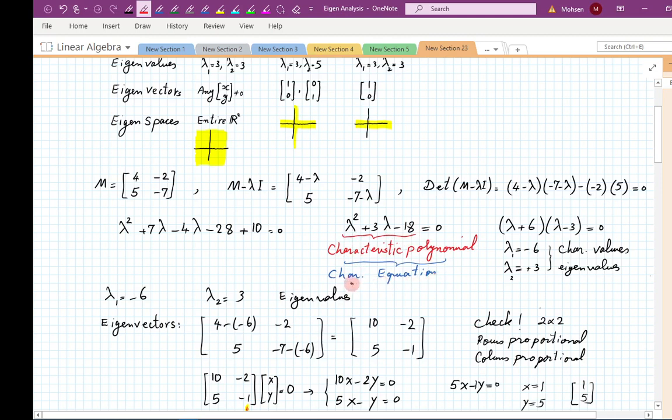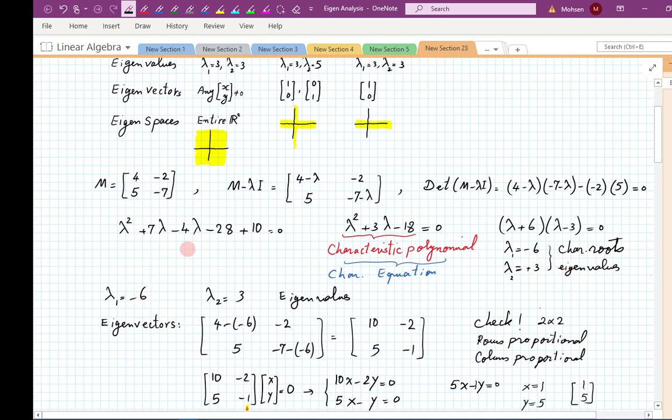The equation is called the characteristic equation. You solve it, and the solutions are called characteristic roots or characteristic values. Let me also put this one here. The roots that you're finding are characteristic roots, same as eigenvalues. You find two of them, a smaller one and a larger one. That's how they get labeled.